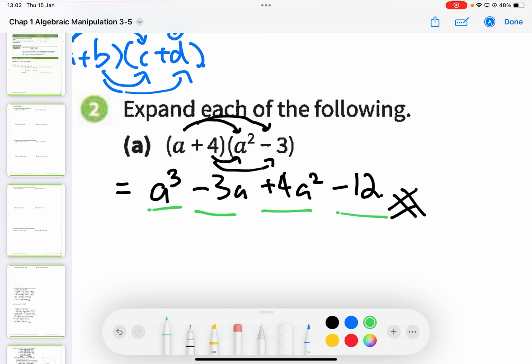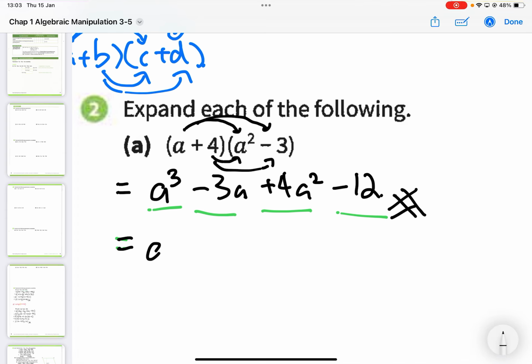Then it will be good if we arrange our terms from A cubed, A squared, A, and finally the number. To make it neater, so that your answer looks about the same every time, there is a convention to follow. So my A cubed, I keep as A cubed because it starts from power 3. Then I look at the terms. This one has A squared, so I move the entire term plus 4A squared to the second position.